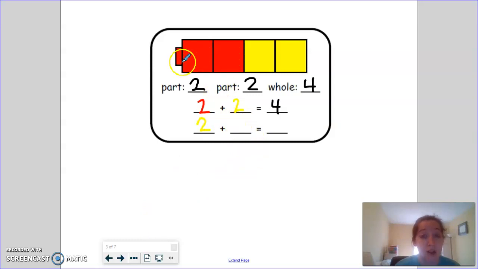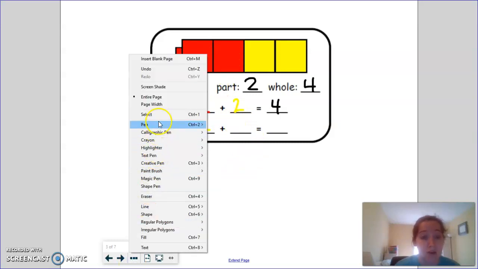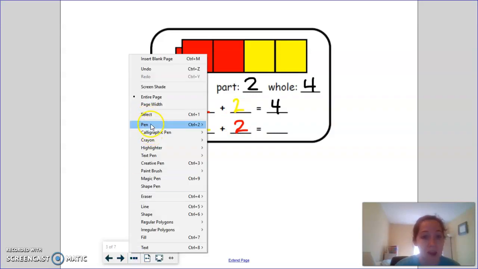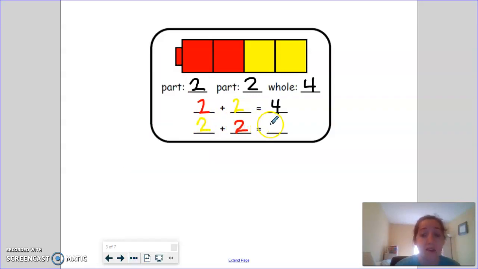There are still 1, 2 of those. So we need to make our pen red. There we go. And fill in 2 for that. And then we still need to put the answer. The answer is still the same. We still have 1, 2, 3, 4 cubes, whether we count it forwards or backwards. It's still the same number.